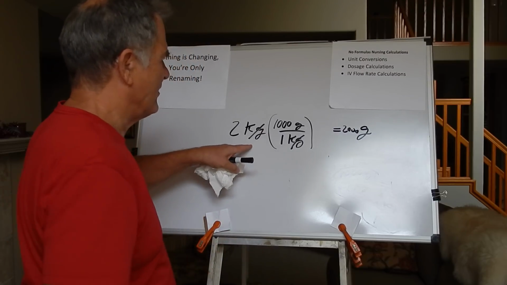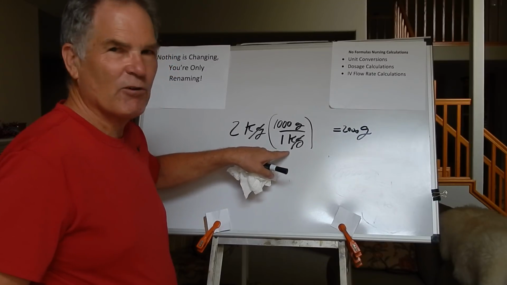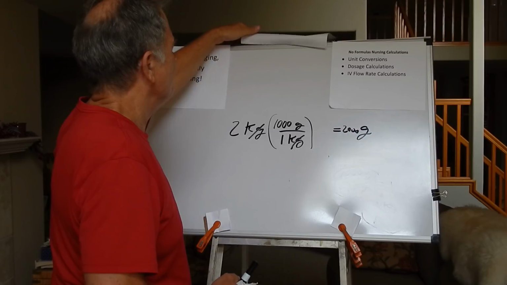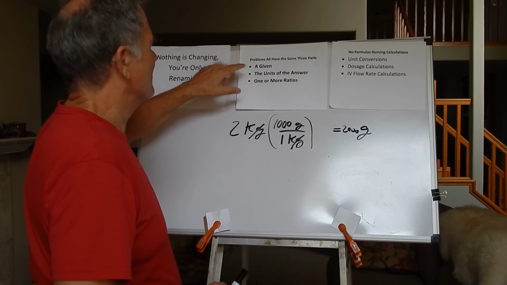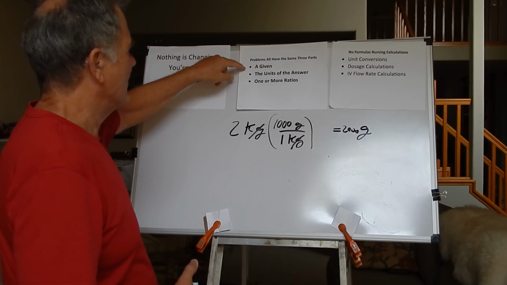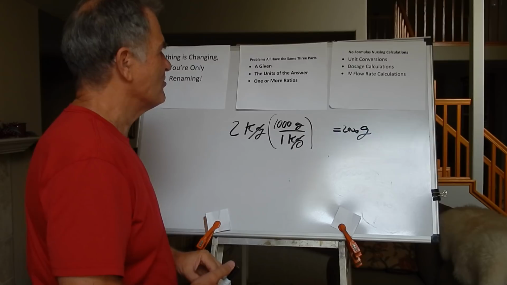So you have a given, you have the units of the answer, and then you have a ratio. The second basic concept is all the problems have the same 3 parts: a given, units of the answer, and 1 or more ratios.